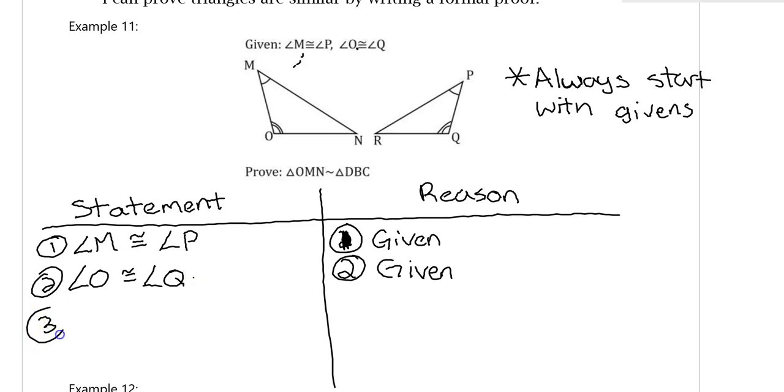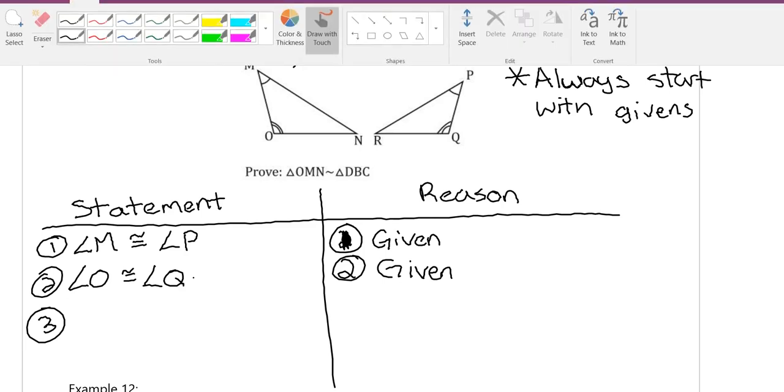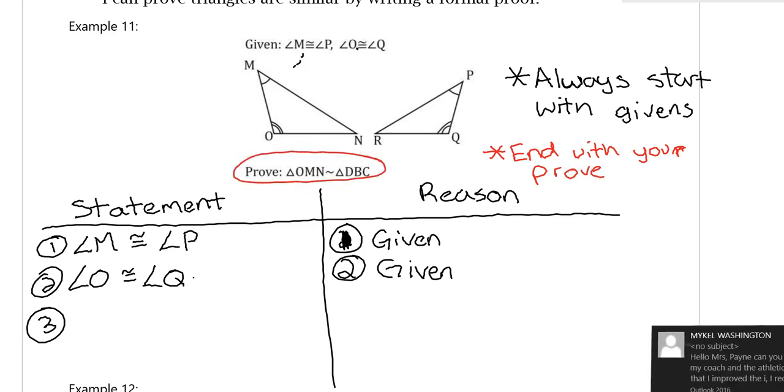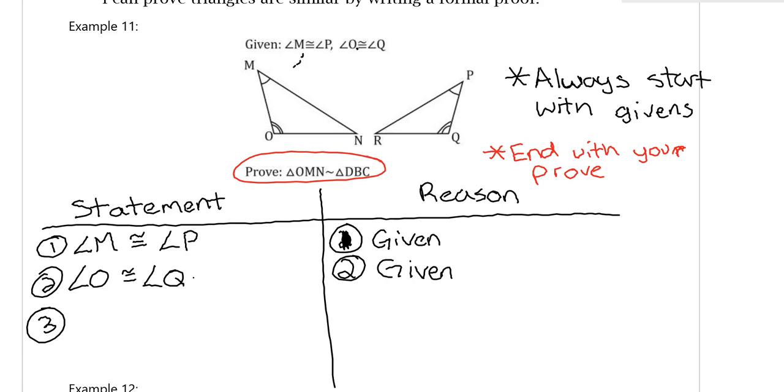That's all I need to show that these are similar triangles. Then you end with your proof. It will always be telling you what you're trying to prove here.